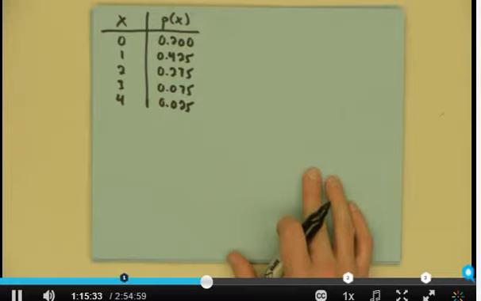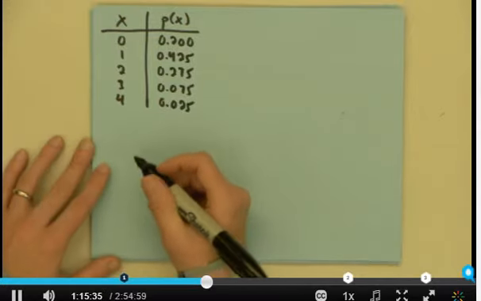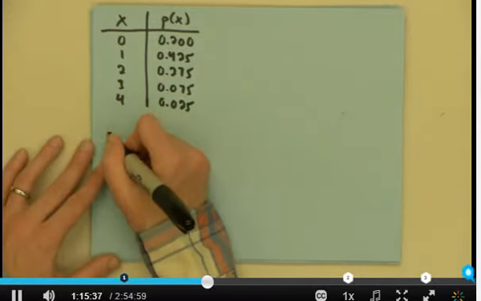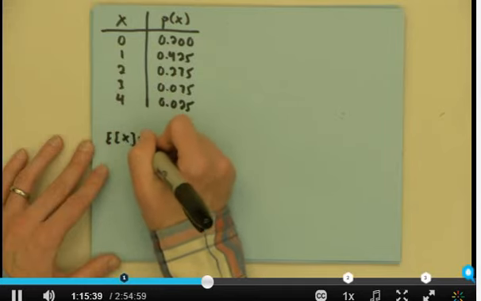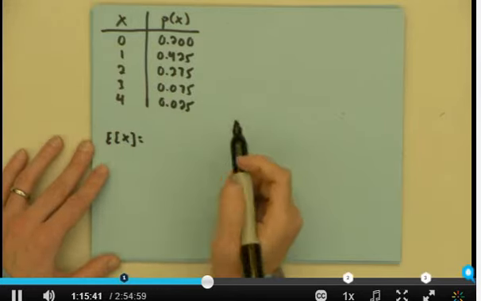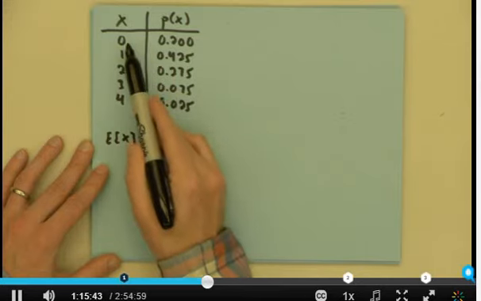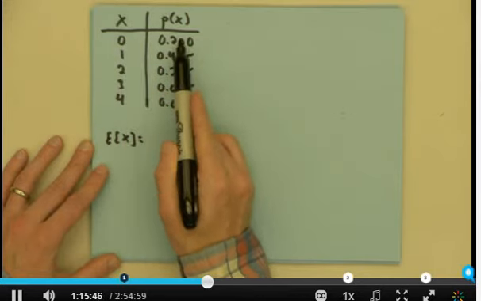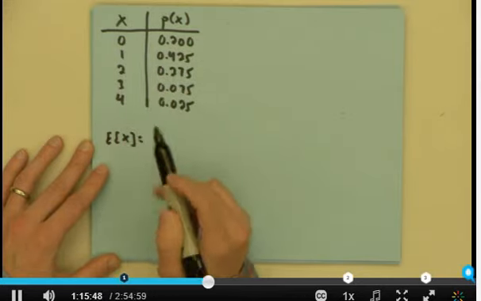All right. So the first thing I want to do is to calculate the expected value. And what that's going to be is the sum of each x value times its probability.